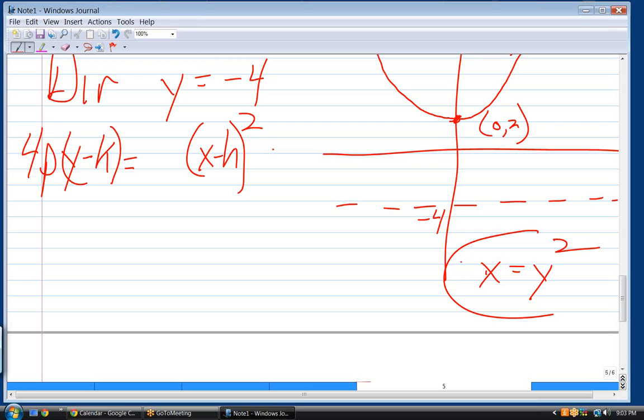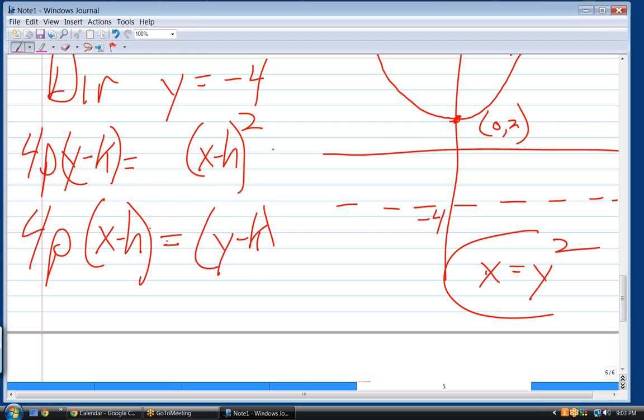So I want to make sure my 4p is in front of the x. So it would be 4p times x minus h equals quantity y minus k, squared. Whenever you have x and y squared, and you know it's a parabola, you know it's a horizontal parabola. It can either open to the right or it can open to the left.